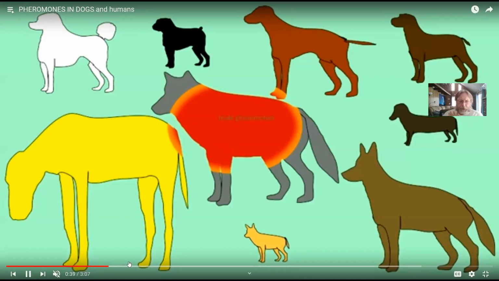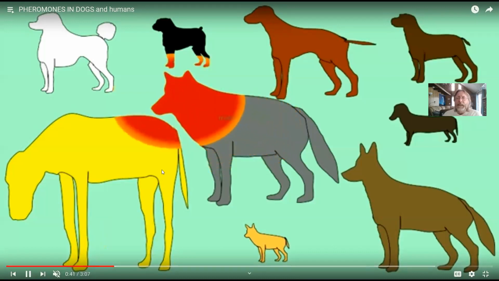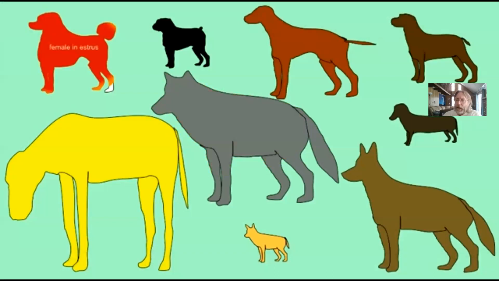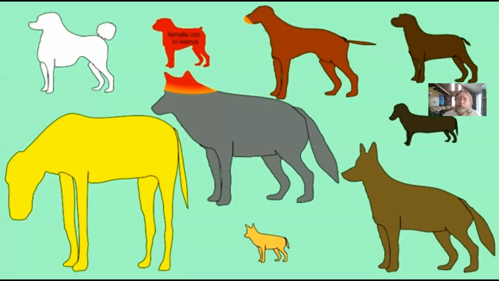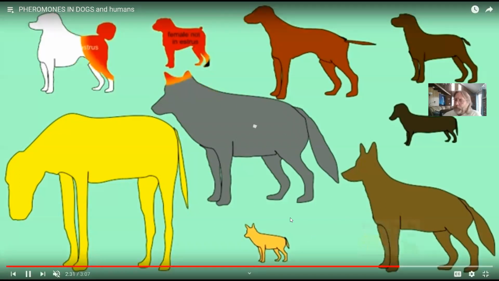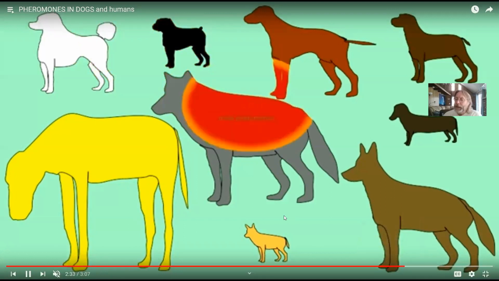So when dogs smell each other, they can distinguish between males and females. The female, they can identify whether she is in estrus and receptive to mating or not. The male, they get a sense: is this the alpha male that wins all his fights? Is this the omega male that loses all his fights? They get an idea of whether the individual is sick or not. They get an idea of how closely related this individual is.